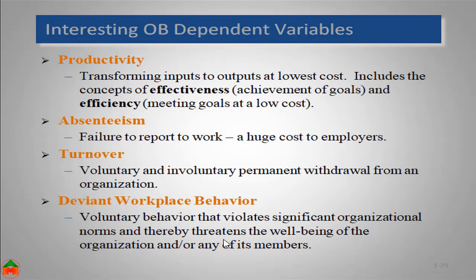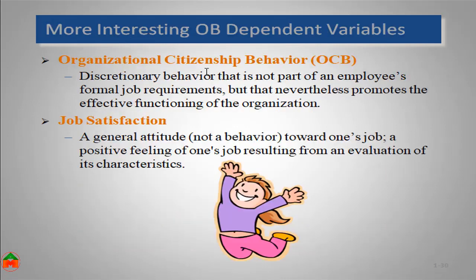Whenever there are dissatisfied employees, there may be violation of company rules, and from the systematic study, you can identify the deviant workplace behavior. You can also use organizational citizenship behavior as a dependent variable. And ultimately, you can find out the job satisfaction of the employees as a dependent variable whenever you are doing a systematic study to understand the behavior of the people.